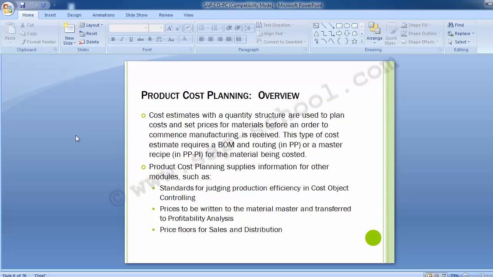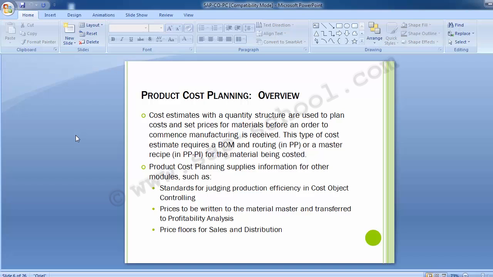Cost elements with a quantity structure are used to plan cost and set prices for materials before an order to commence manufacturing is received. This type of cost estimate requires a BOM, which refers to bill of material, and routing. Both are part of master data in the PP module, or a master recipe, again in the PP module, for the material being costed.